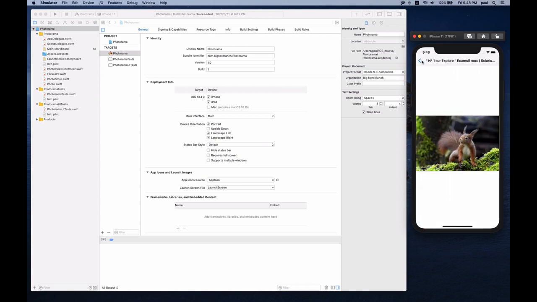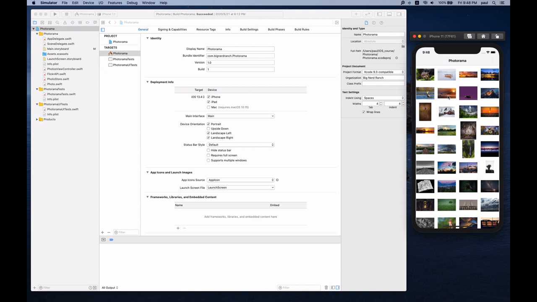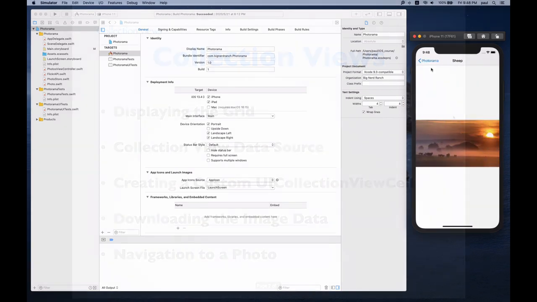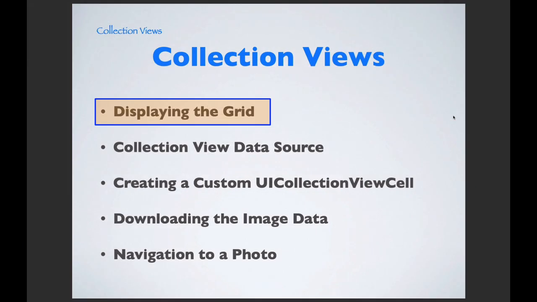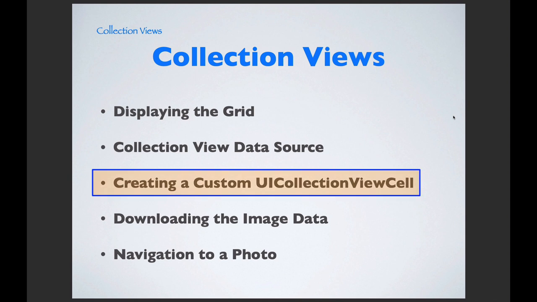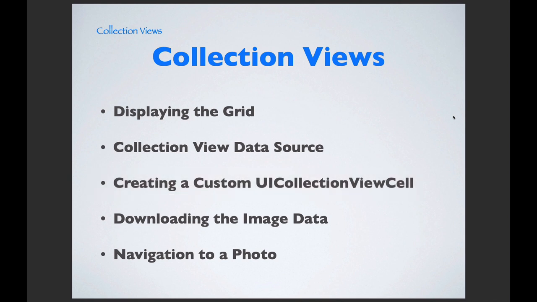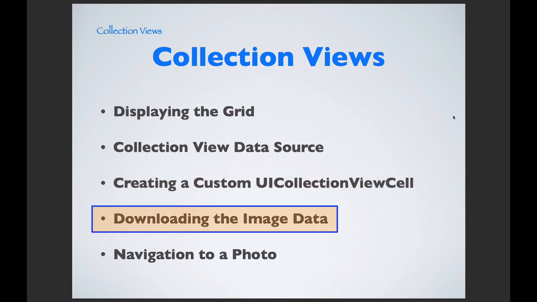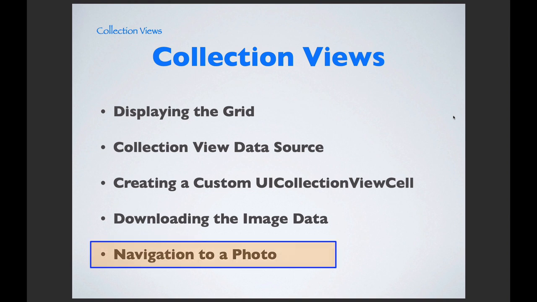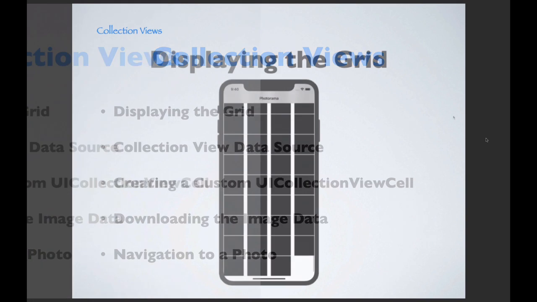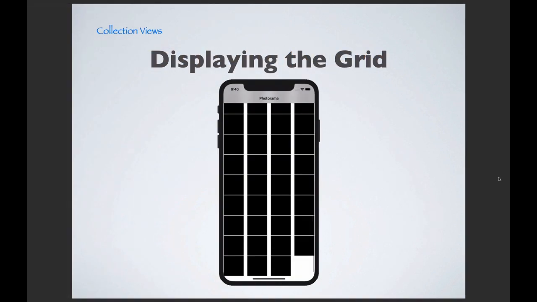As you can see, the collection view does the following things: displaying the grid, collection view data source, creating a custom UICollectionViewCell, downloading the image data, navigation to a photo.